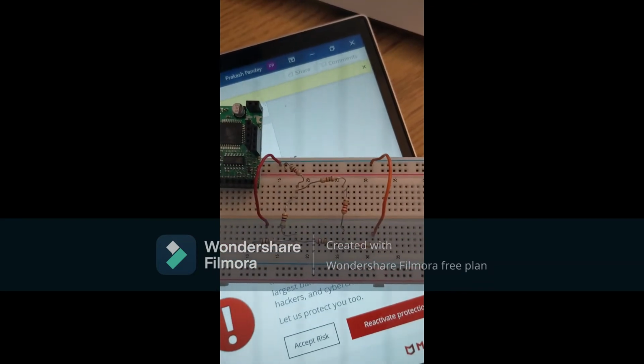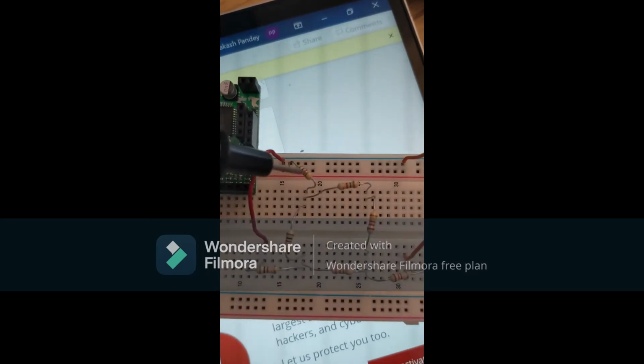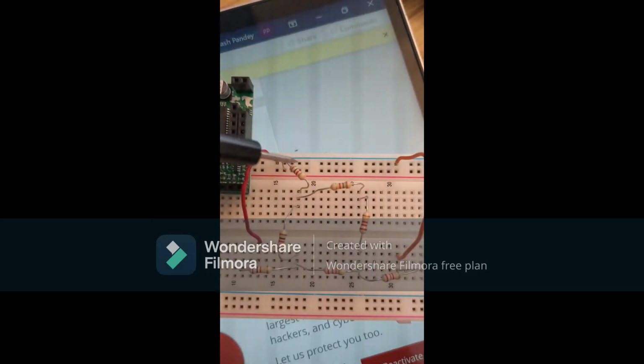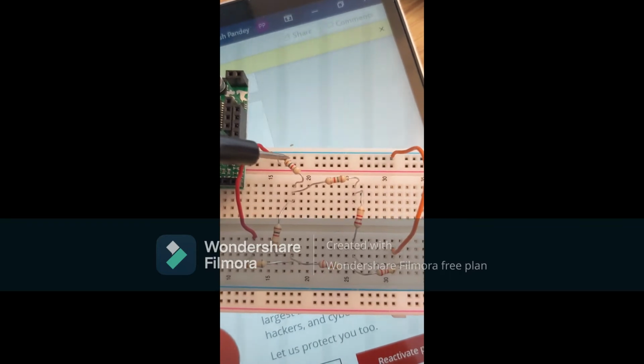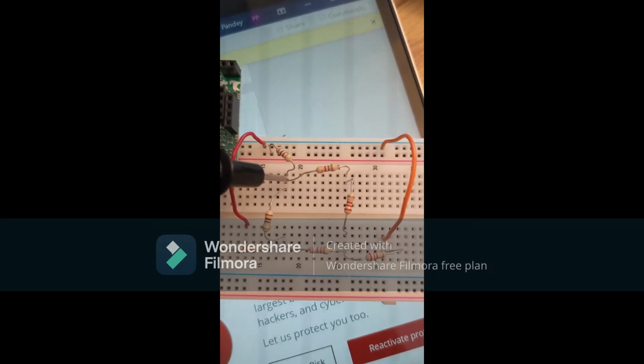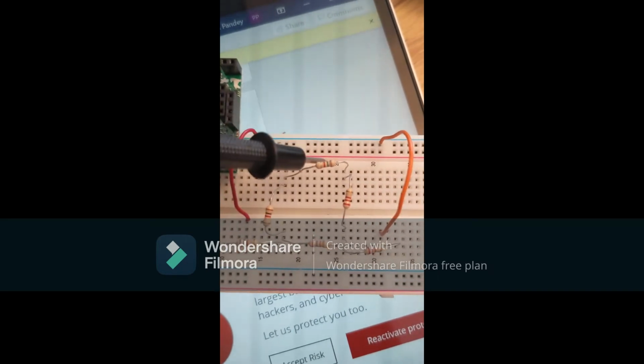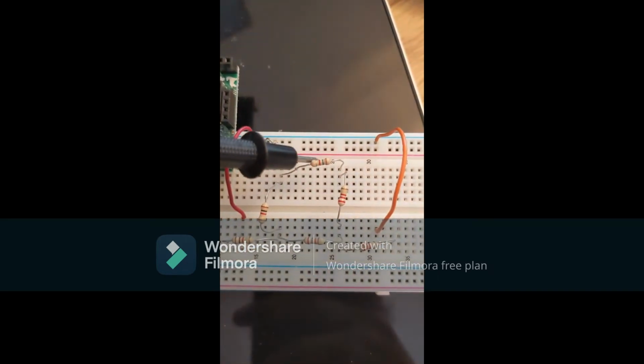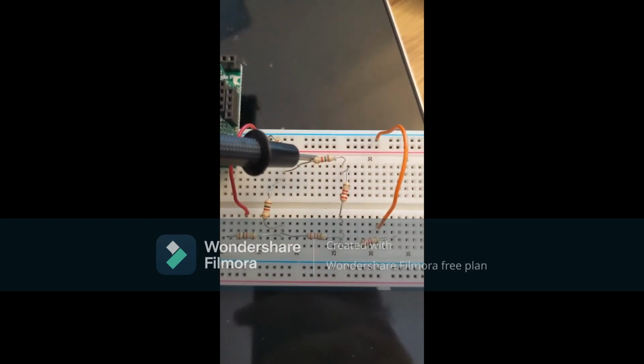let me explain this once more. All right, so this is the first 1.5 k ohm resistance, which is coming from the positive of our power supply. The other leg goes here on this same row. This 1.5 k ohm resistance, which was originally supposed to be 1.2 k, goes here, and the other 1 k ohm resistance also goes here.